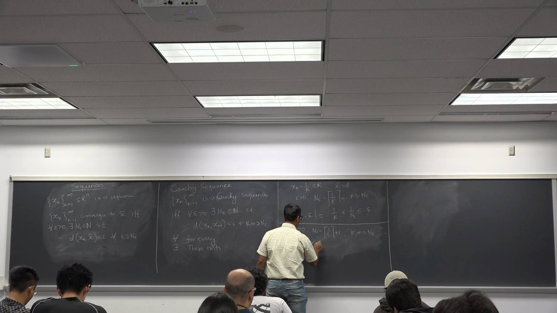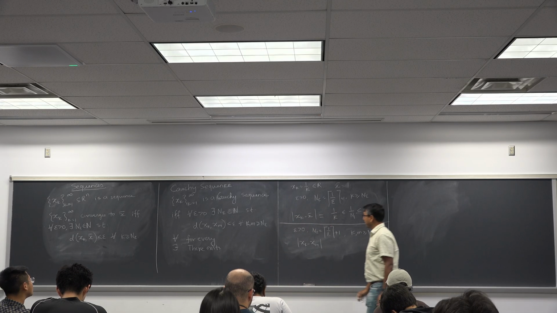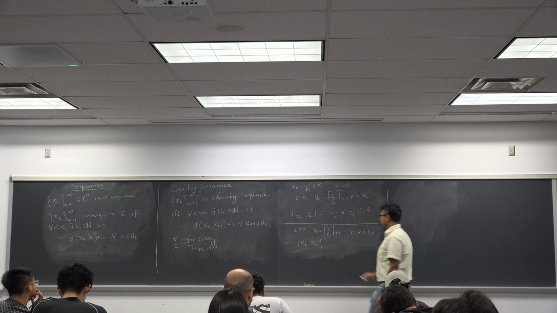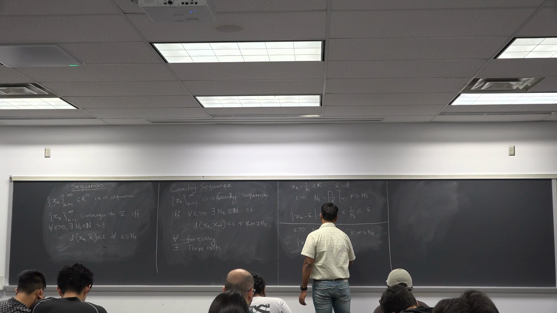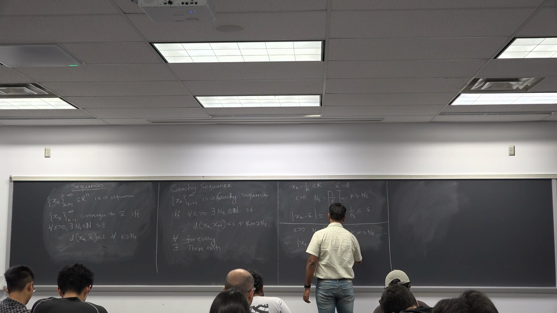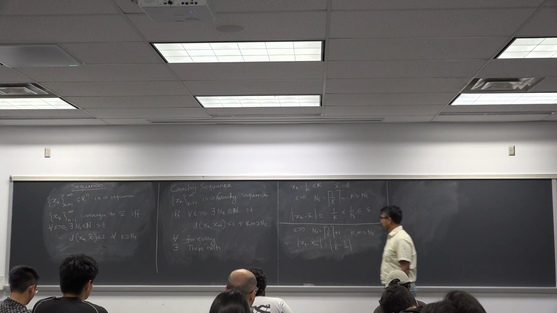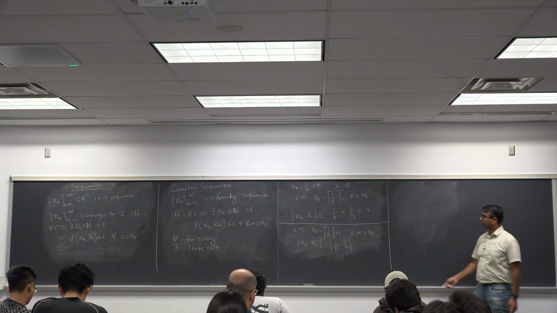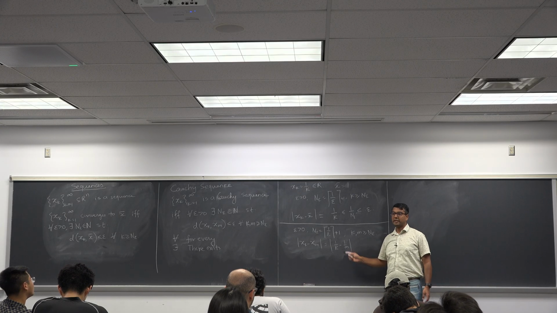What is my xk minus xm? What is 1 over k minus 1 over m? Can you upper bound 1 over k minus 1 over m by something simple?